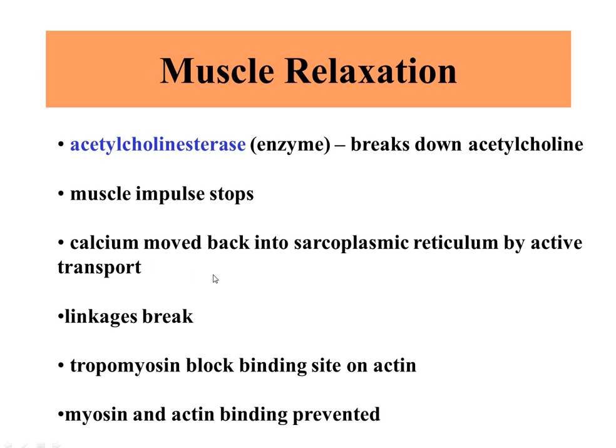The calcium moves back into the sarcoplasmic reticulum by active transport. It can stay present, so it can be used again. The linkage is broken. The tropomyosin blocks the binding site on the actin, so it's like untwisting. Remember, we untwisted the rope, now we're twisting it back, and it's blocked those binding sites on the actin.